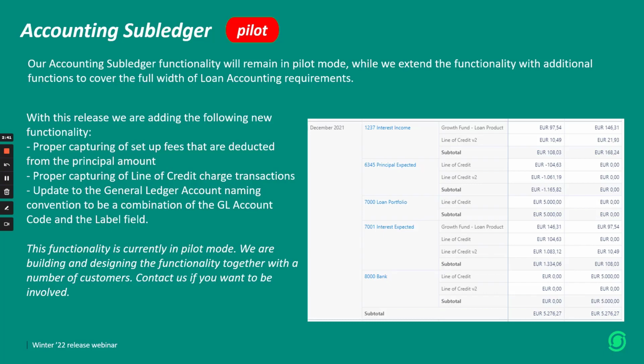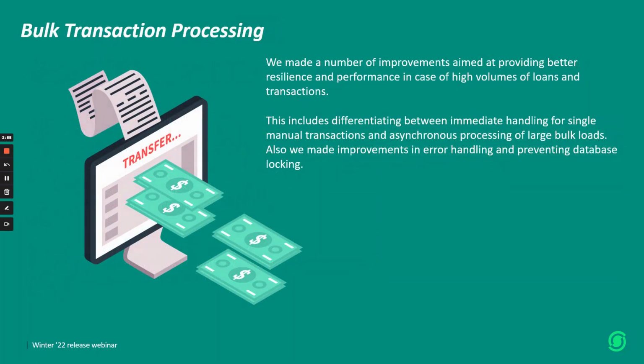And let's go to the next subject, which is bulk transaction processing. Singlify is growing quickly, and we're adding more and more larger customers, which made it extra important to be able to process large volumes of transactions coming in from banks or other sources.